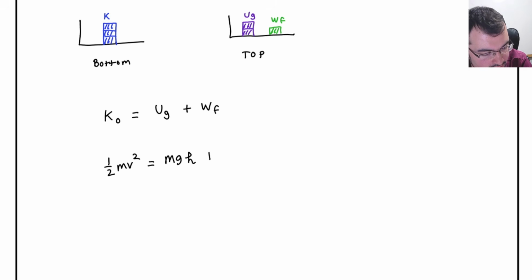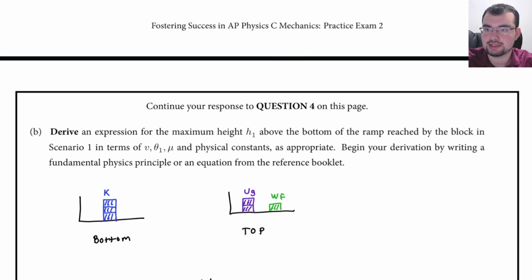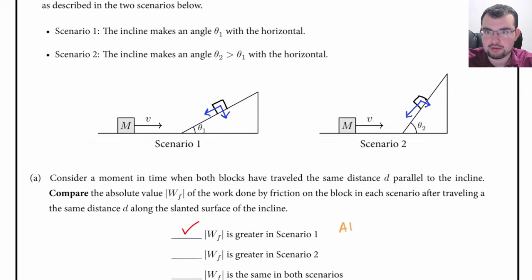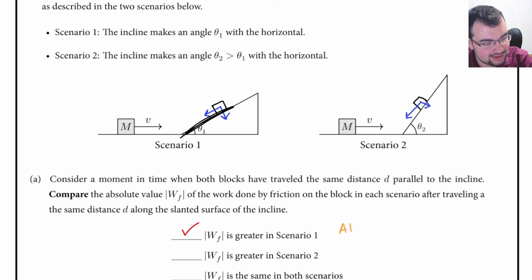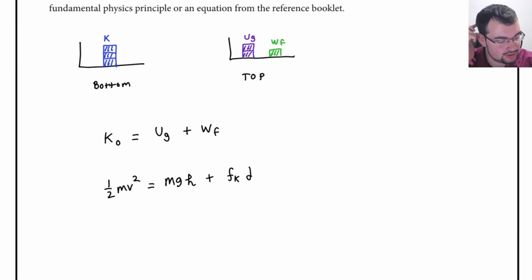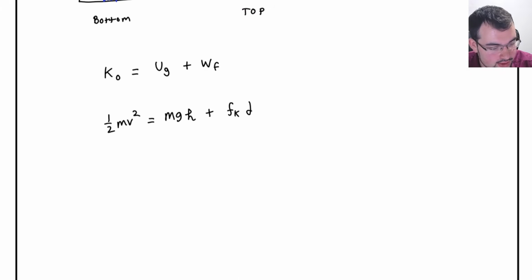And then we said the work done by friction is just going to be the frictional force times the distance it travels up the incline, which is not h, right? Because friction is going to act along this incline. So we actually have to do some trig to deal with our slant height there. All right, so now we'll do some substituting. So frictional force is mu times normal force.